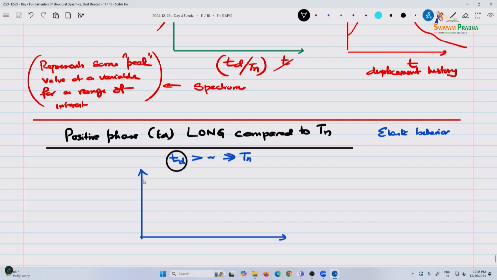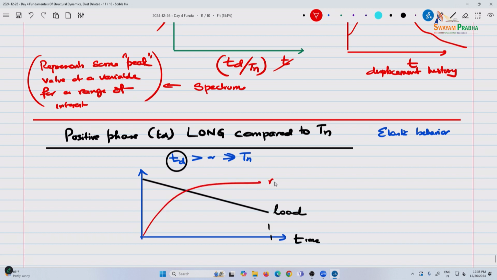So, the load curve could be linear, and the load takes a long time to dissipate. In this case, the response would be something like this, and this is what is known as quasi-static response.